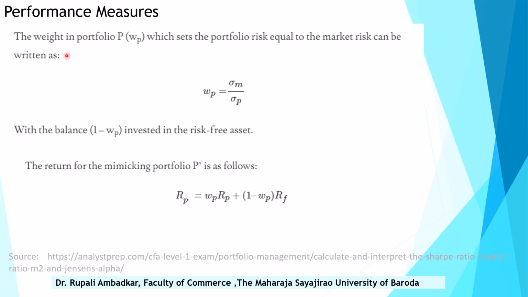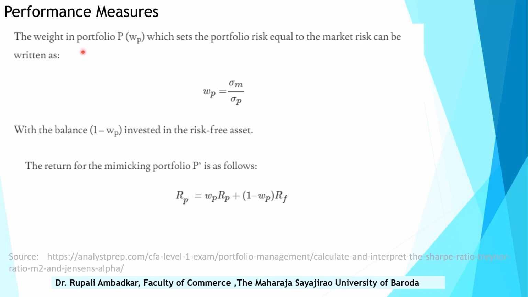To find out the weight in the portfolio P which sets the portfolio risk equal to the market risk, we have to divide the standard deviation of the market portfolio by the standard deviation of the portfolio P. This will give you the weight in the portfolio P which sets the portfolio risk equal to the market risk. Once we have this weight, the balance, 1 minus weight P, can be invested in the risk-free asset.